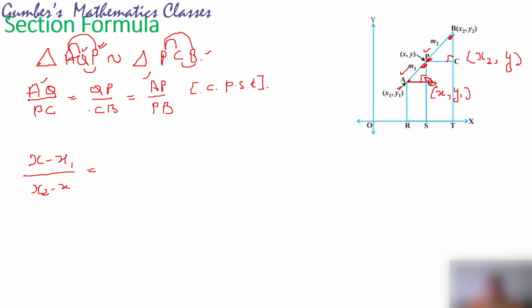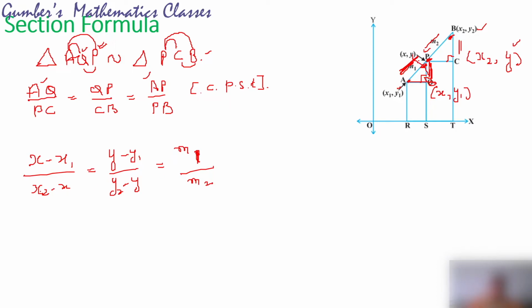QP is the distance between Q and P on the y-axis, so y minus y1. CB, that is BC, is equal to y2 minus y. And AP is m1 and PB is equal to m2.